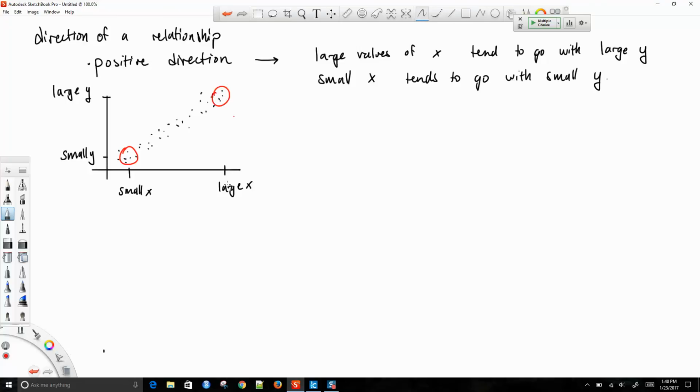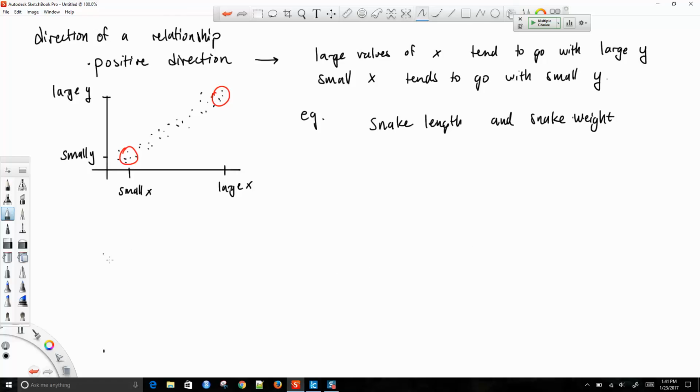So values up here, you're going to have values like that. An example of that was snake length and snake weight. We expect large x to go with large y.